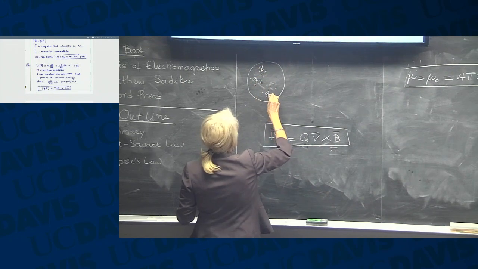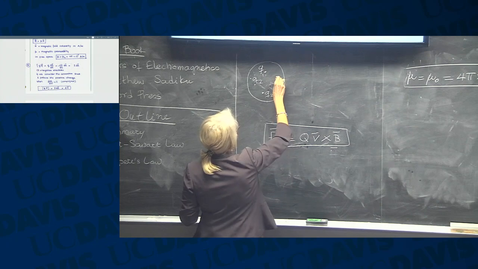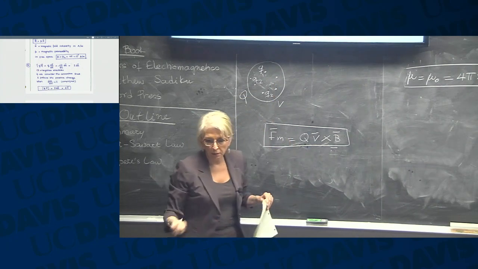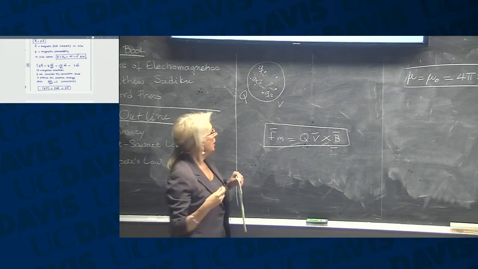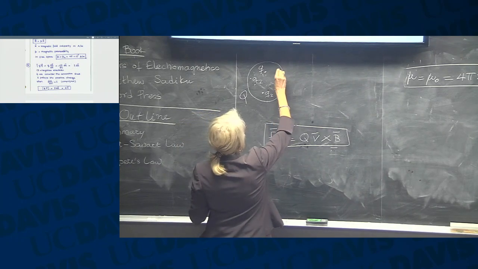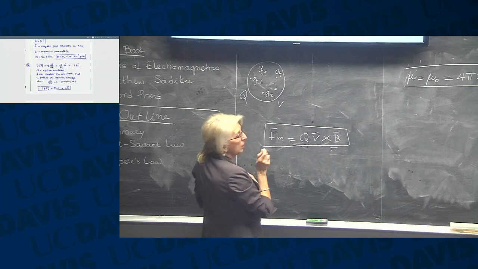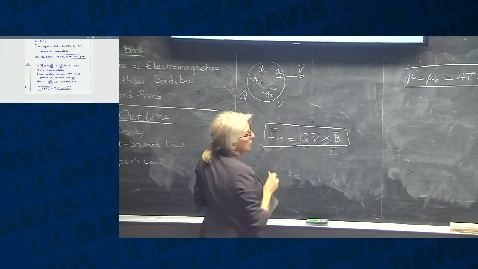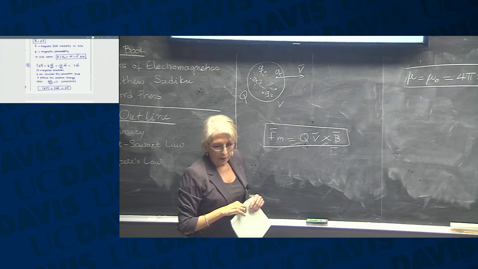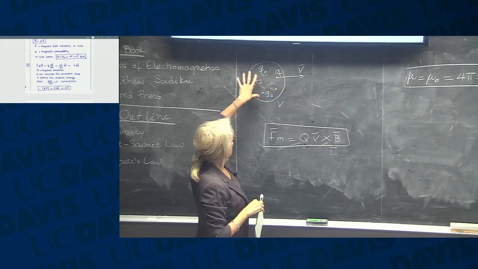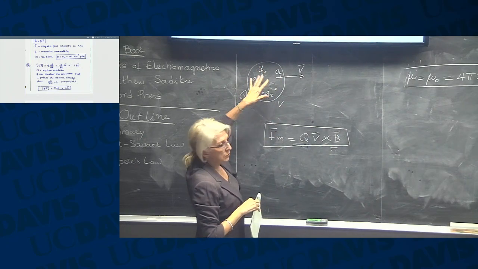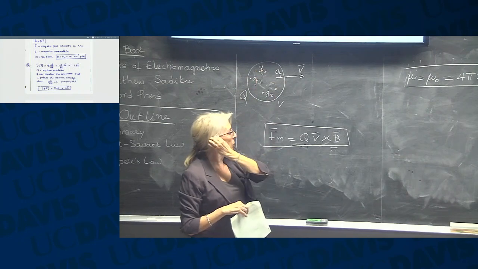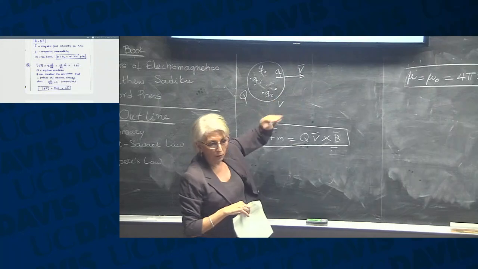Let's assume that these were all of our charges, all of them inside the volume V. So there is a total charge Q inside the volume V. And then all of a sudden, this charge, little q, starts moving out with a velocity v. Let's assume that all of them are positive charges, all right?